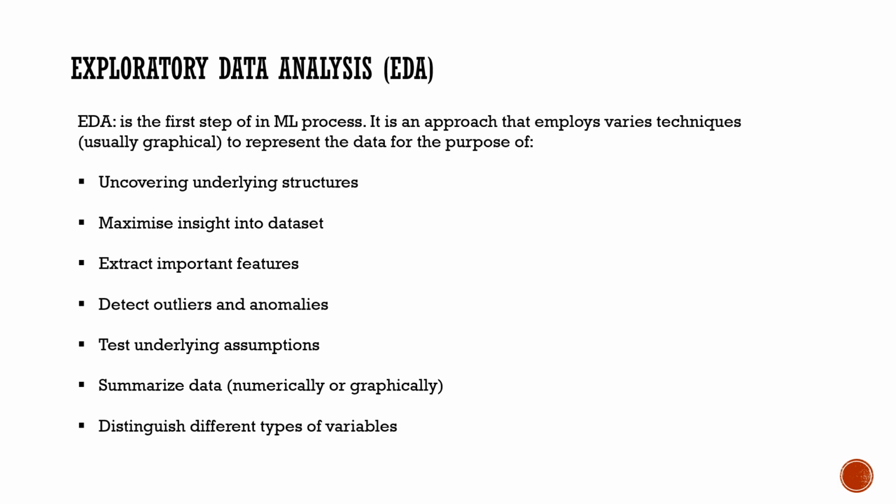We use EDA also to test underlying assumptions that you have as you are given data, and also pertaining to the problems to be solved. EDA also assists us in summarization of the data, whether numerically or graphically, and you will be able to use EDA to distinguish between the data types of variables that we have.